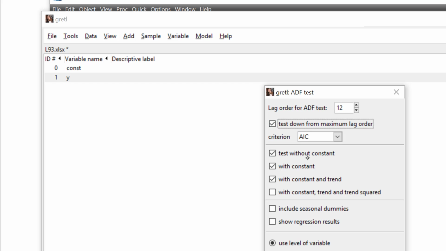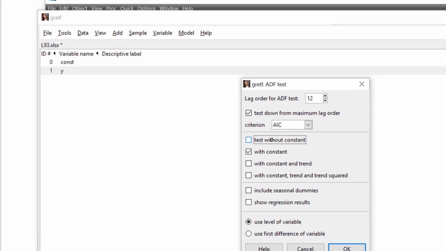Here is the choice of what you want to do. If you want to do the test without the constant, with a constant, with a constant trend, and Gretl even has this choice of including a trend squared, which eViews doesn't have. So let's just do with the constant and see what the optimal lag length is according to Gretl.